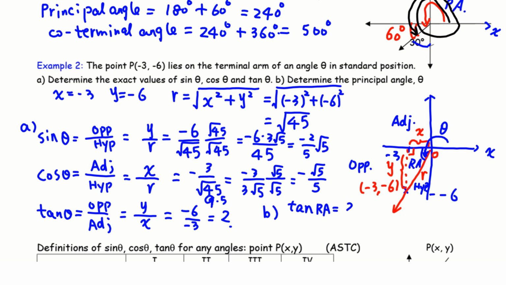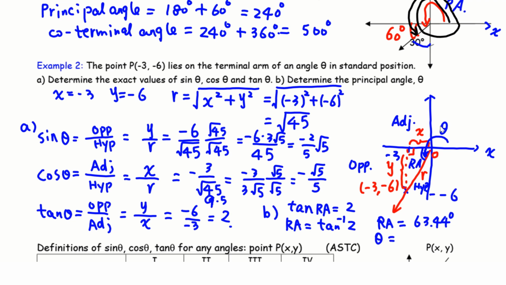That is the same as what we did before in a triangle. So tangent inverse, in order to find RA, we do the inverse. Then use your calculator, you will find out RA equals 63.44.